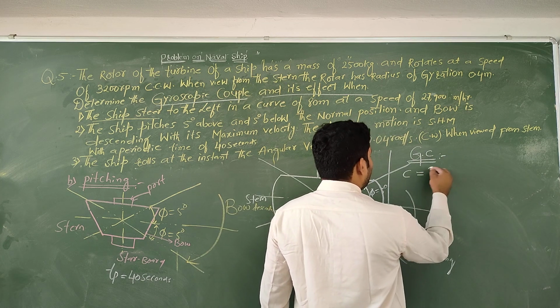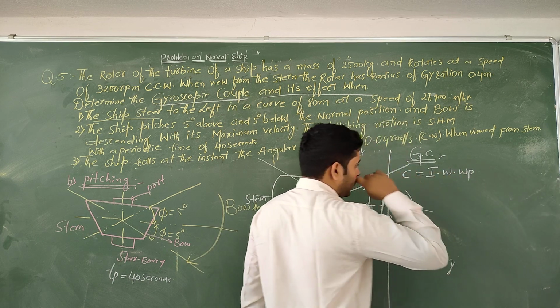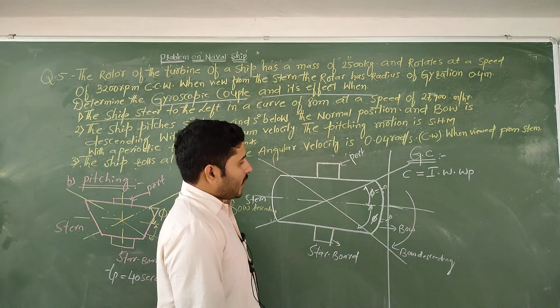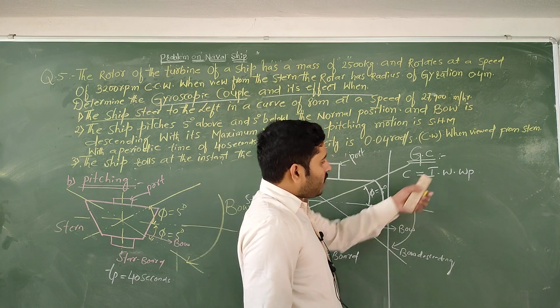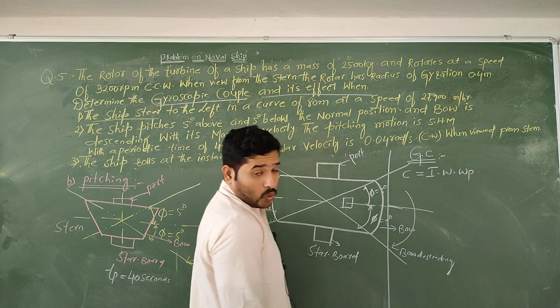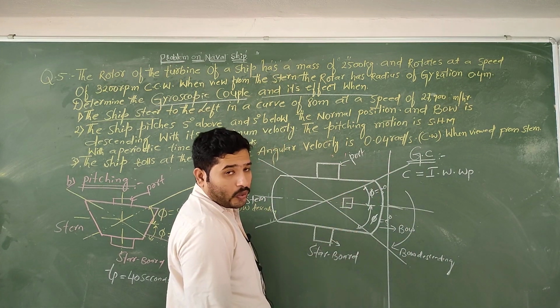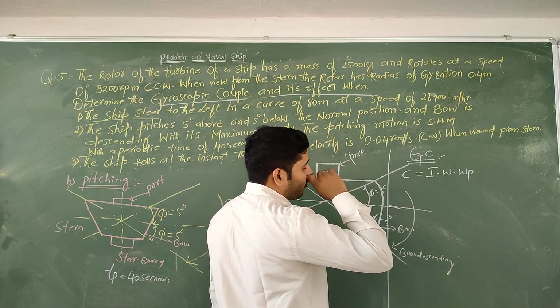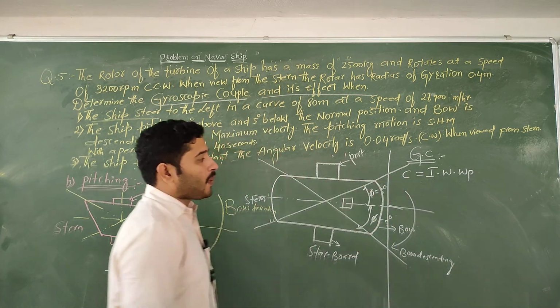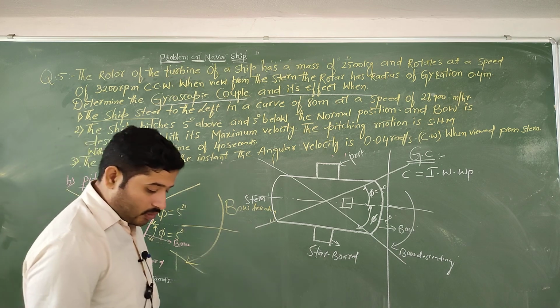C is equal to I omega omega P. Then I is the mass moment of inertia of the rotor, omega is the angular velocity of the rotor, and omega P is the angular velocity of precession of the rotor. Is it right?